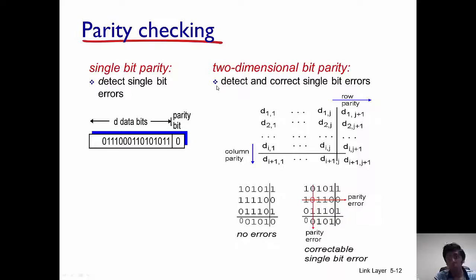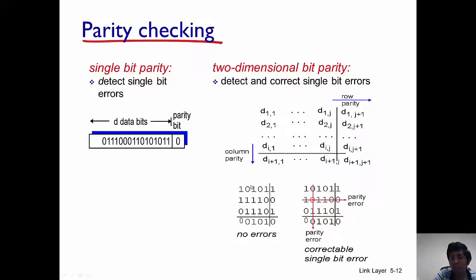A simple way to correct errors is to use a two-dimensional parity check. So here, all the bits are arranged in the form of a matrix, say the 15 bits are arranged as a 3 cross 5 matrix. So there are 3 rows and 5 columns.